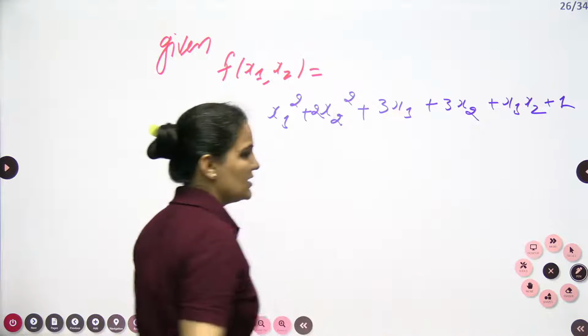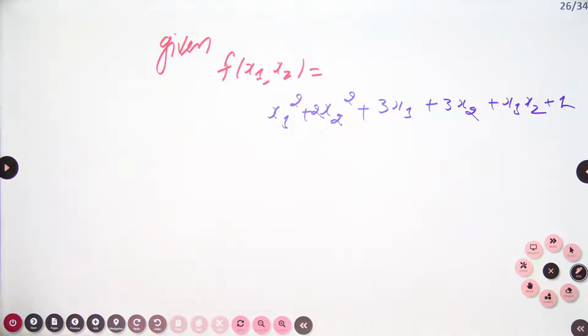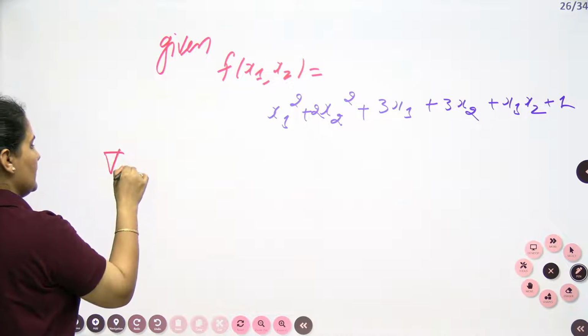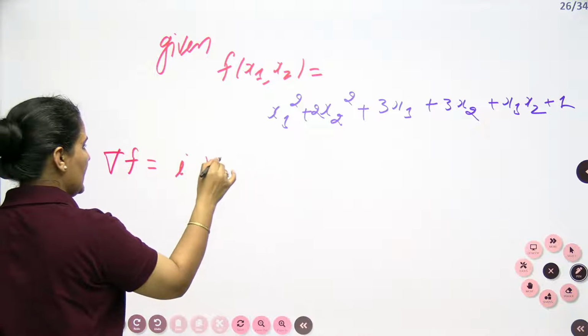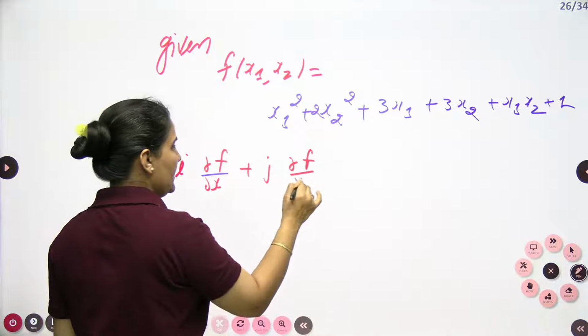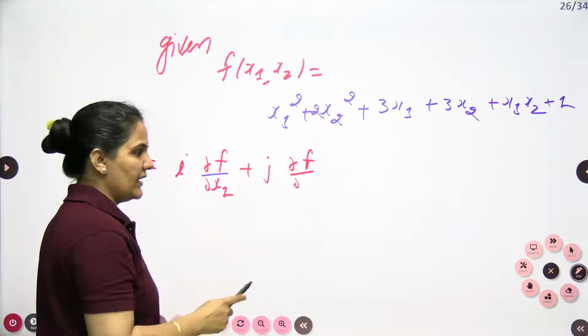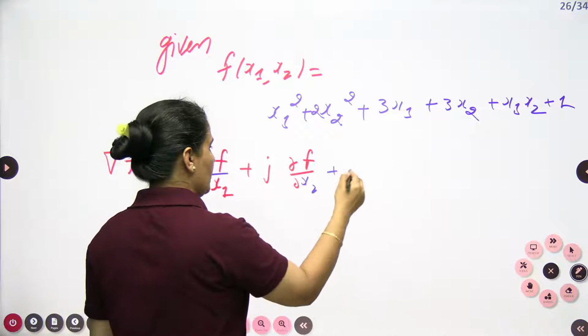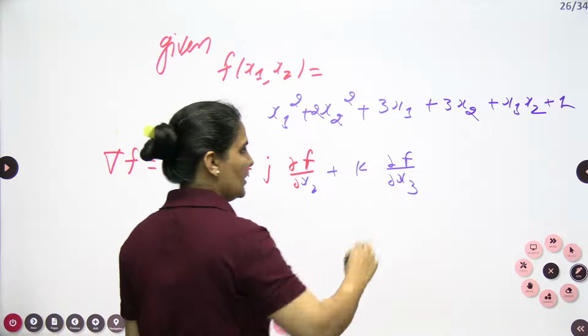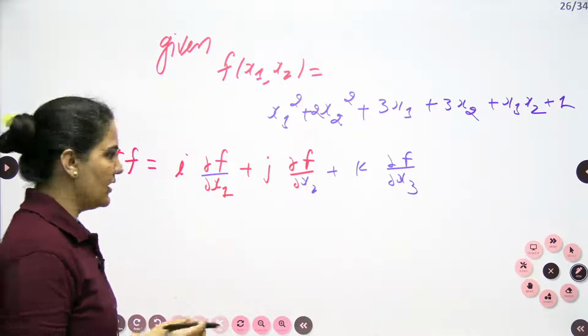So this is the function which is given to us. I will go with the magnitude. Magnitude means first of all I will find out the gradient. Gradient means i del f by del x plus j del f by del y plus k del f by del x3. We don't have x3, so we will only find out for x1 and x2.